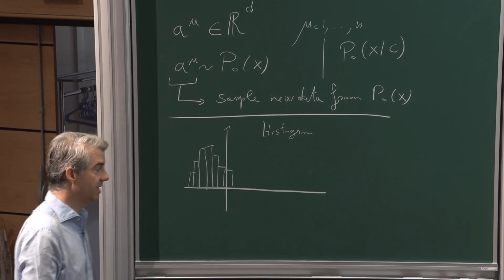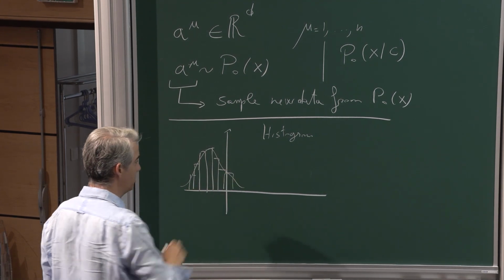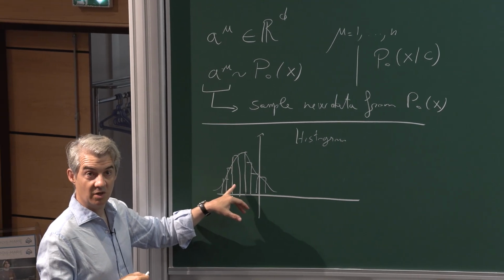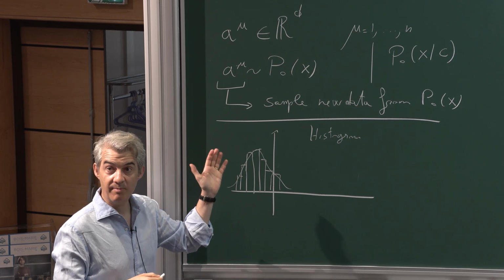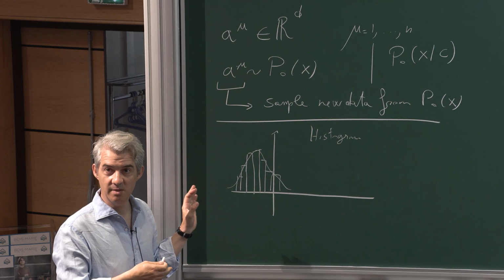Then you do a nice interpolation from this. So in one dimension, you have this line. This is your estimation of the probability distribution. From this, you sample. Very easy, no problem. So that's not a difficult problem in one dimension.